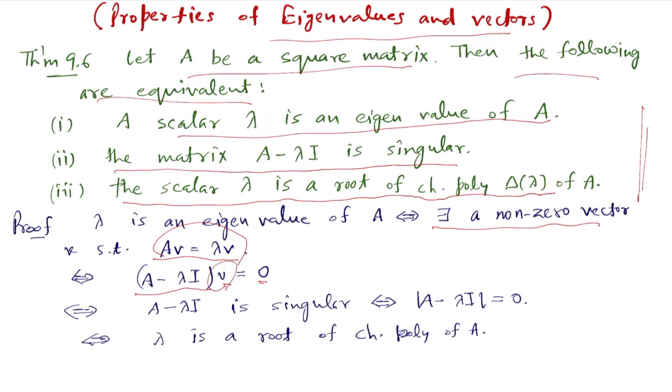Because V is non-zero, that means A minus lambda I is a singular matrix, and this is if and only if its determinant is 0, and this determinant is nothing but the characteristic polynomial of A. So that means lambda is a root of characteristic polynomial of A. So these three statements are equivalent.